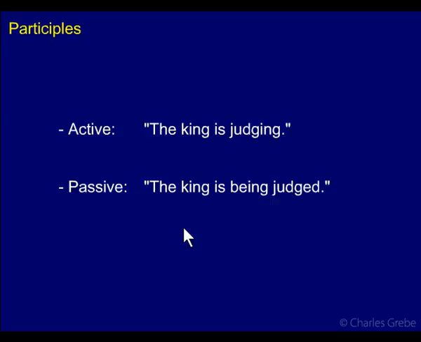So what is the difference here? In both cases, we have a subject, the king. Here, the king is doing the judging. So the king is doing the action, doing the verb. Down here, the king is not doing the action, the king is not judging, the king is being judged.